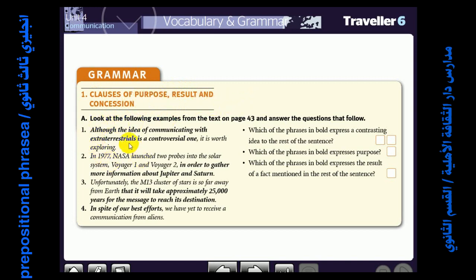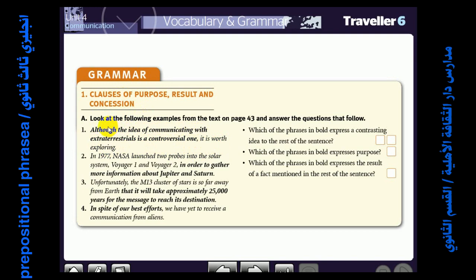Okay, here all these clauses are different. كلها مختلفة عن بعض. So the difference is according to the words or the connectors اللي هي الروابط اللي بتيجي معاه. For example: although the idea of communicating with extraterrestrials is a controversial one, it's worth exploring.